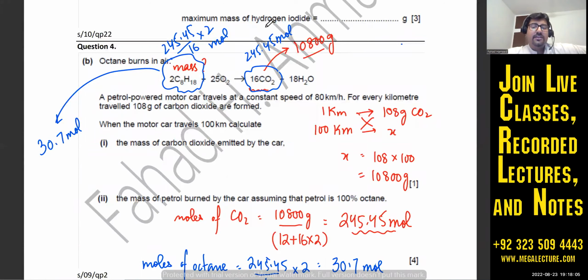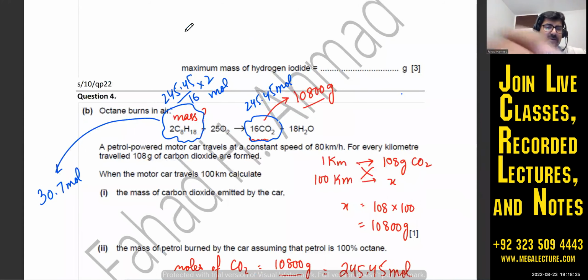Okay. So once I knew the moles of this thing, I used ratios. It's 16 carbon dioxide versus 2 octanes. 2 octanes produce 16 carbon dioxide. 16:2. So 245.45 moles divided by 16 times 2 will give me the moles of octane. ये क्लियर है? या फिर इसको एक्सप्लिसिटली रेशो कर लो कि C8H18 है और कार्बन डाइऑक्साइड है.